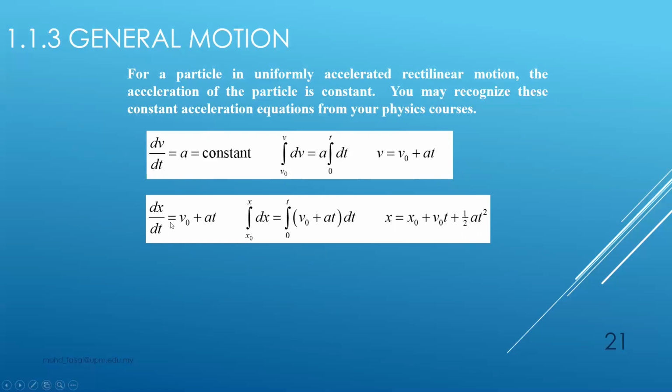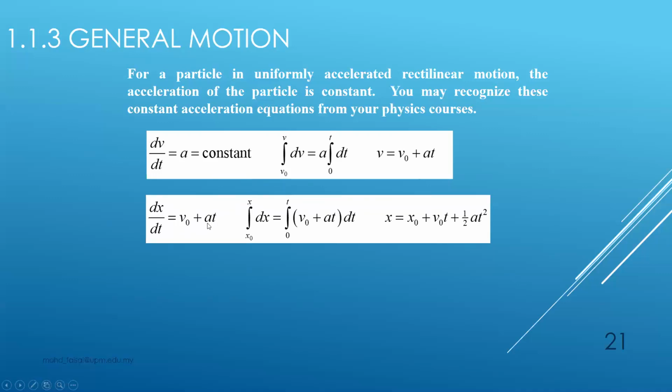Similarly, if you would like to know more about the position, again, previously you only dealt with dx/dt equal to v because v is constant, but in this case, because we have a, v is no longer constant. That's why we have another term, the second term here, at, which is another speed.